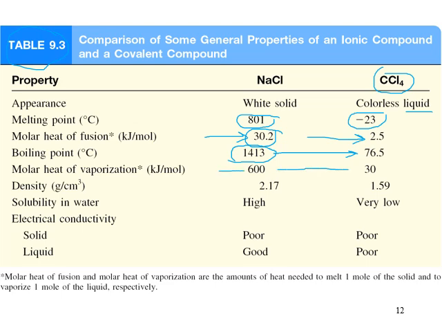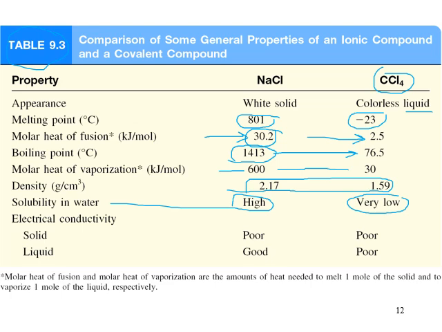Density, on the other hand, I don't know about as far as a pattern. It's not as obvious between ionic and covalent compounds, but generally I think ionic compounds have higher densities. Solubilities in water, high for ionic, low for covalent.